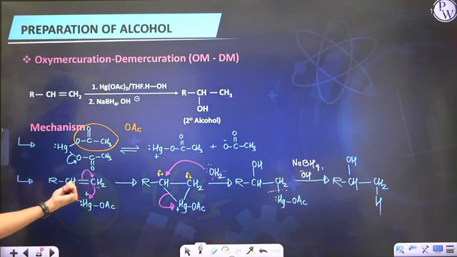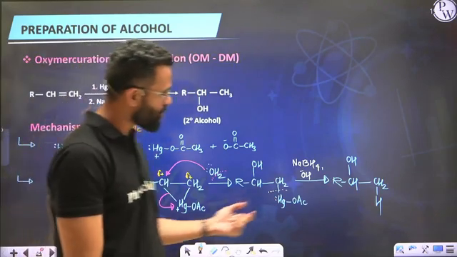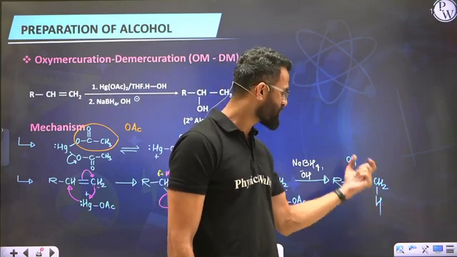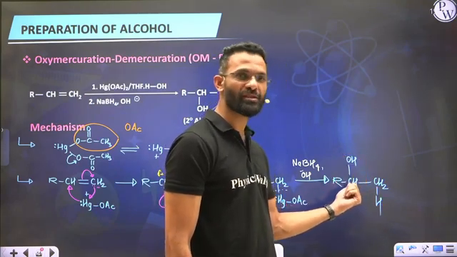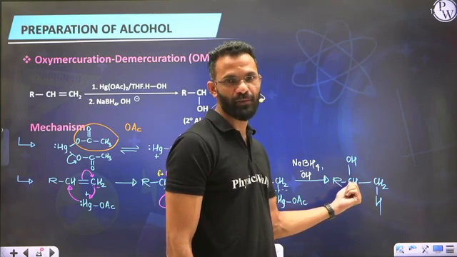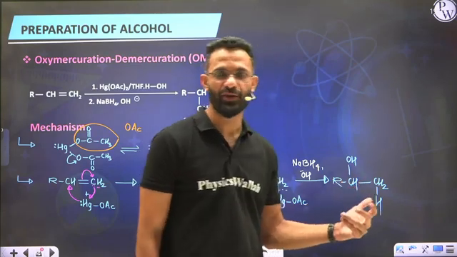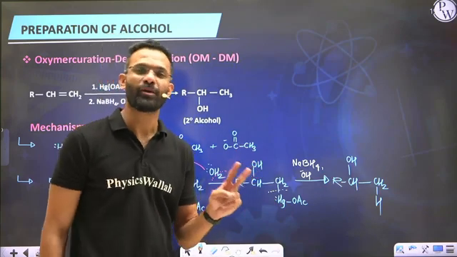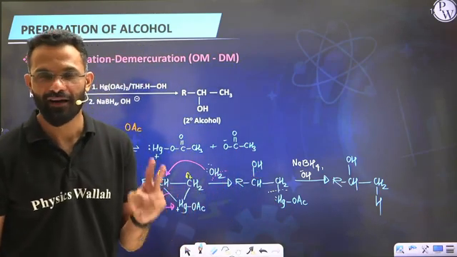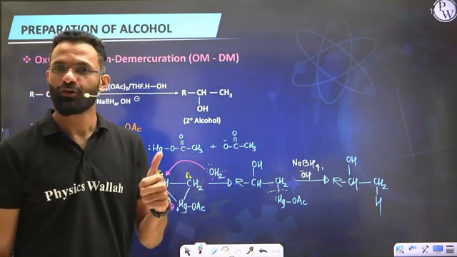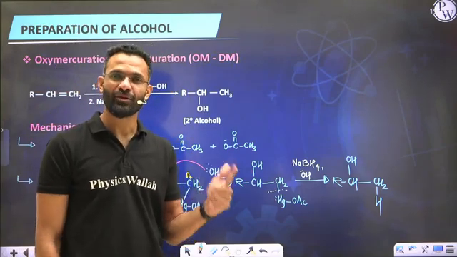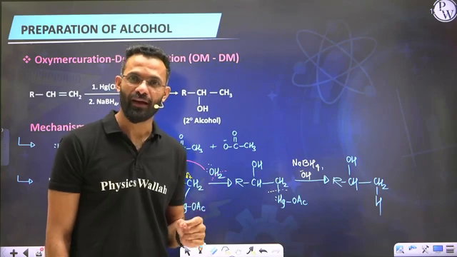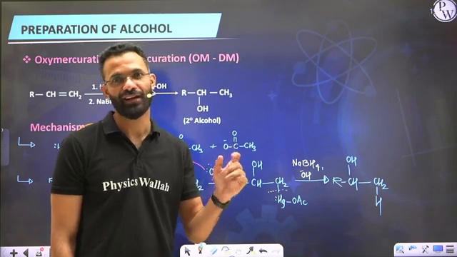So across the carbon-carbon double bond, OH and H have been added, where OH, the negative part, is attached to the carbon which is more substituted, which indicates it is following Markovnikov addition. So two important features of OMDM are: one, it involves no carbocation formation, so no scope of rearrangement, and two, the addition takes place via Markovnikov addition.